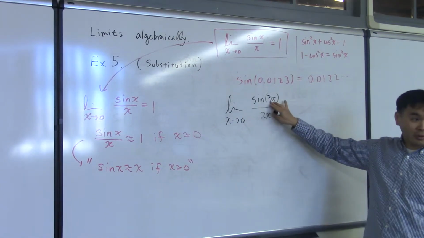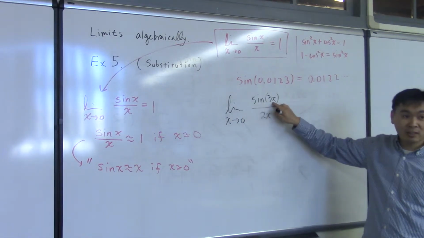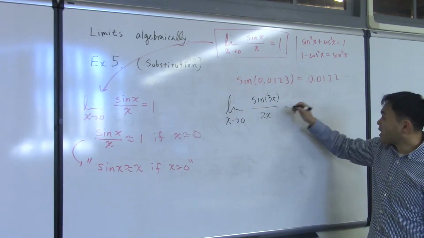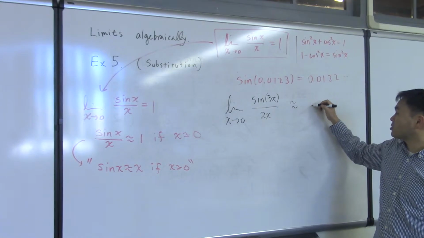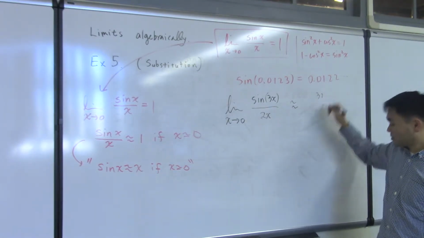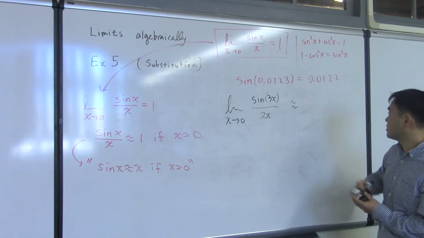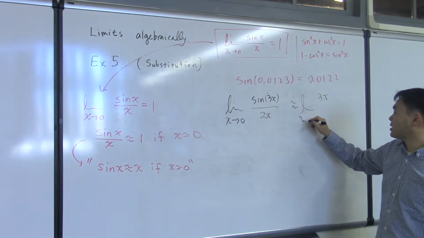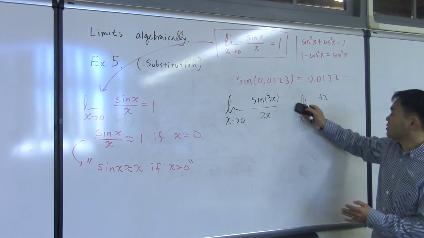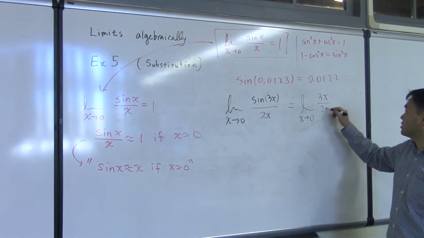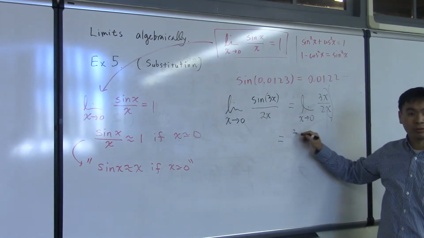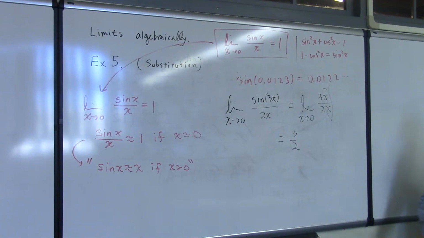If you have something very close to 0 plugged into sine, that's like the thing you're plugging in. So sine of 3x is very similar to just 3x. Therefore, if you take the limit as x goes to 0, they're going to be equal, and after you cancel the x's out, you end up with 3 over 2. So that's another way to think about it.